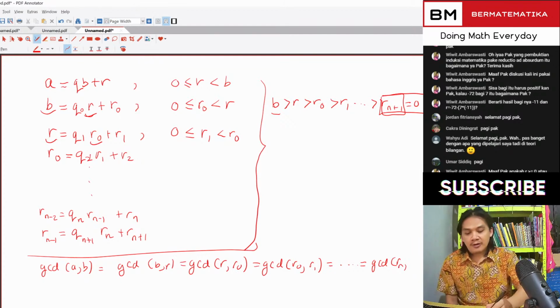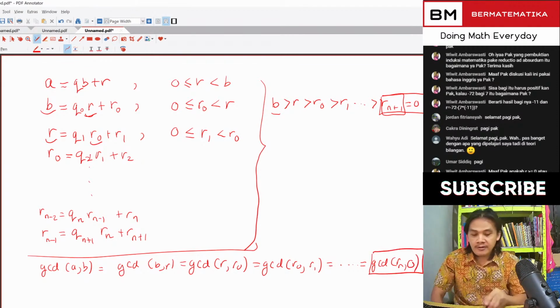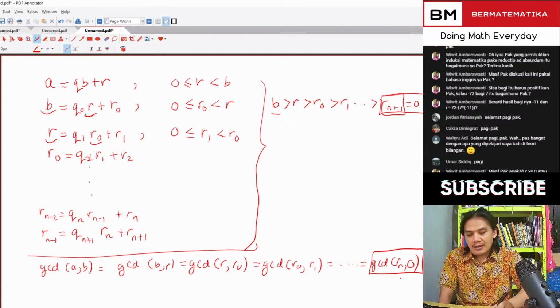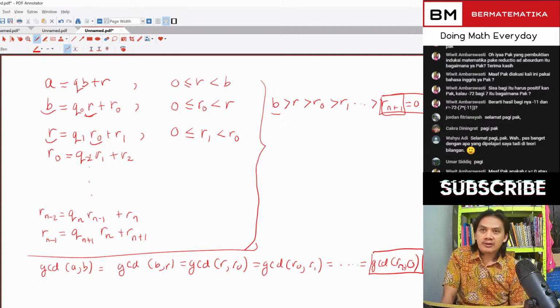Okay, so from this last statement, what is the GCD of Rn and 0? Remember that any integer divides 0. So especially, Rn divides 0. So then the biggest integer which divides Rn and 0 is Rn itself.